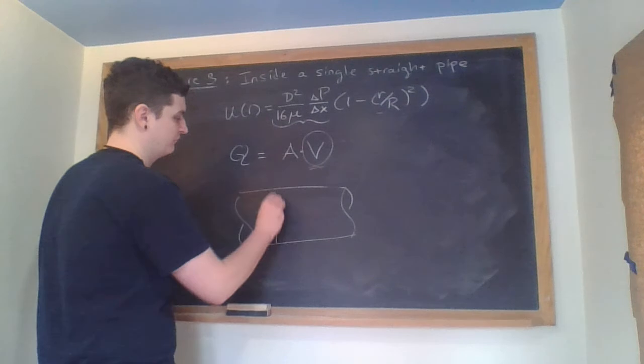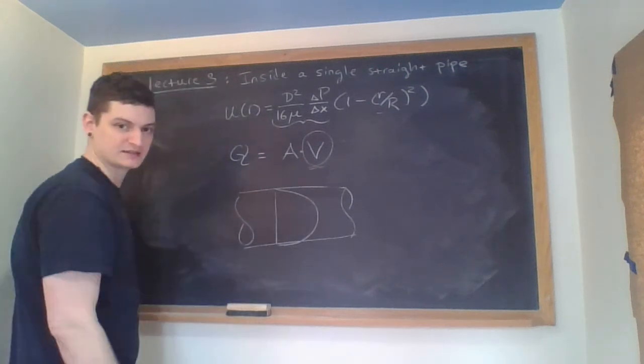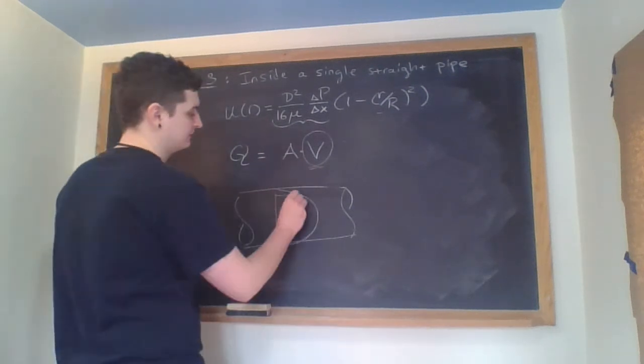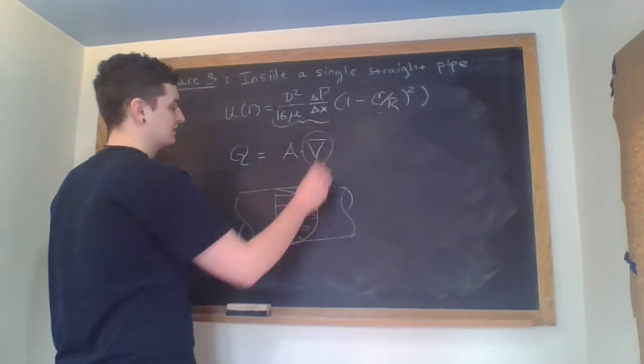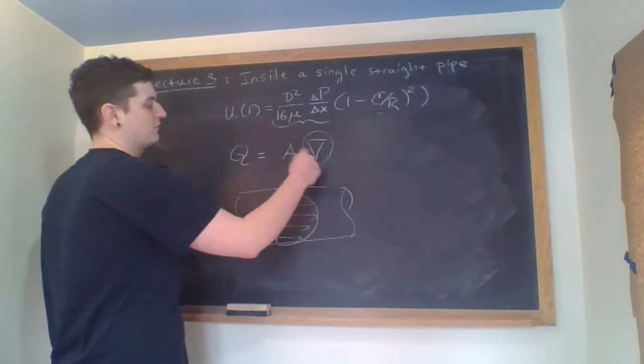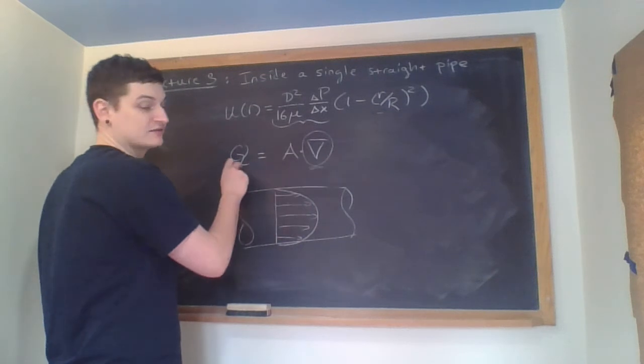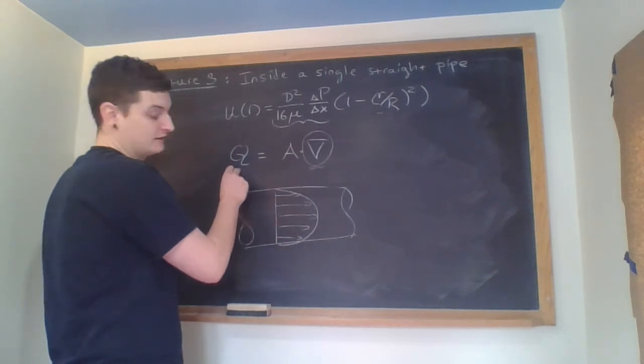In real life, the velocity profile looks like that. But I want to figure out what constant velocity profile gives me the same flow rate.